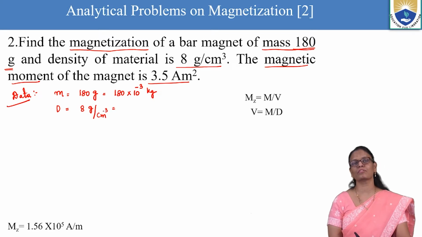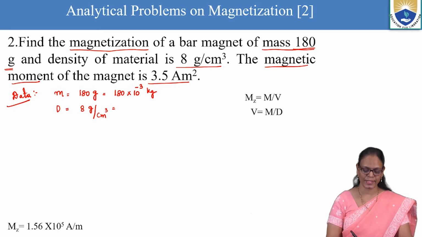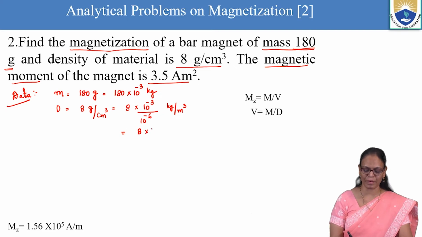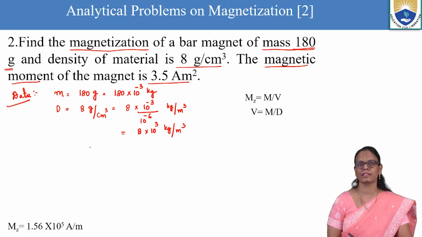This also we have to convert into the SI system. So, 8 into 10 power minus 3 divided by 10 power minus 6 kilogram per meter cube. So, this is nothing but 8 into 10 power 3 kilogram per meter cube is the density.